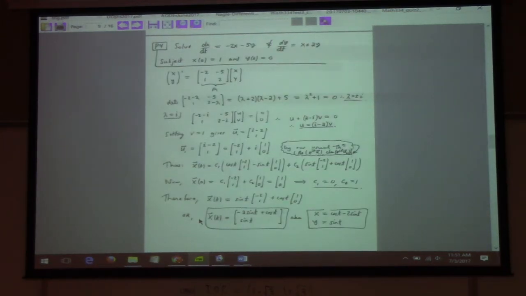Let's see here. Like this one. In retrospect, it would probably be a healthy exercise to work this out using Laplace transforms instead, right? What do we got? dx/dt is, what is it?